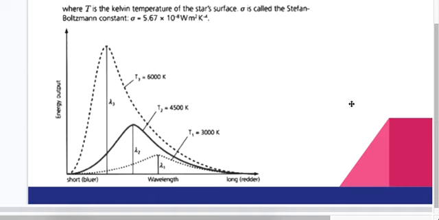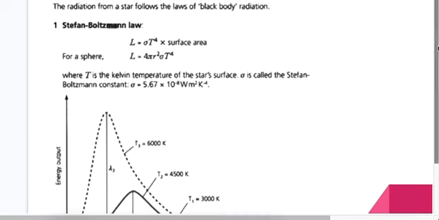You can also add to your notes as I speak the definition of a black body. So a black body can be defined as an ideal object that absorbs all electromagnetic radiation that it comes into contact with.